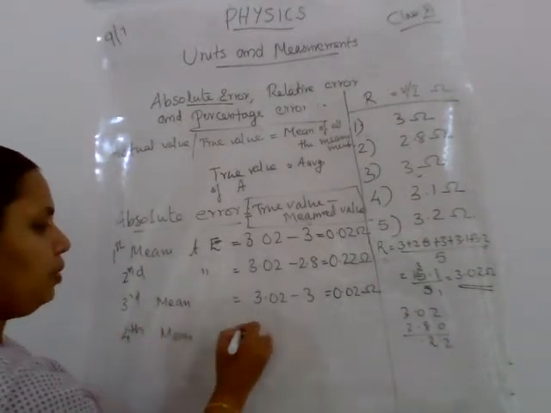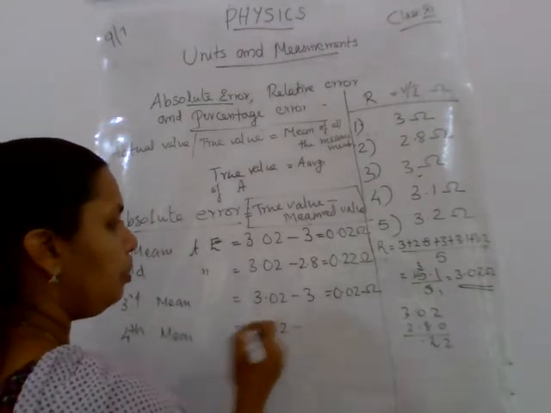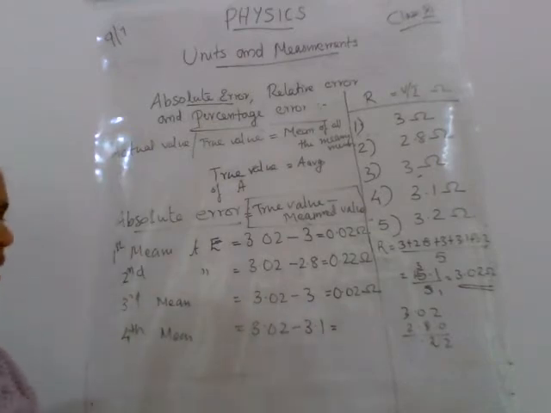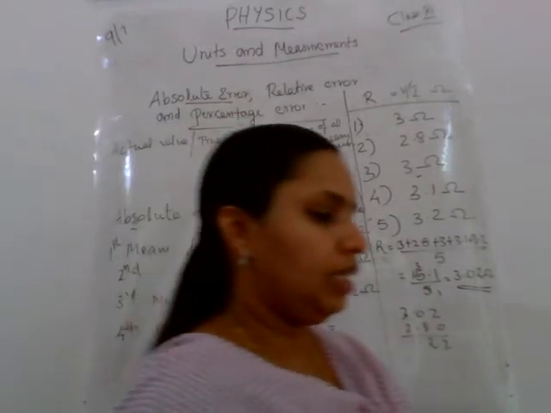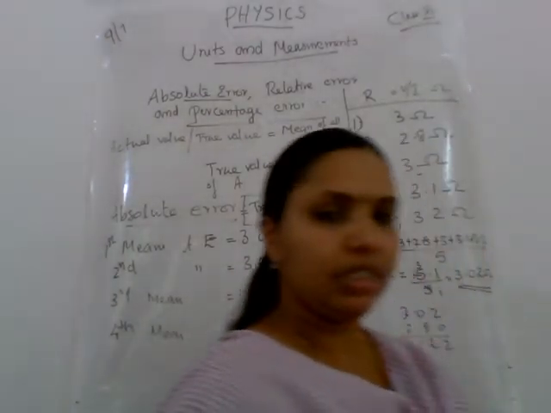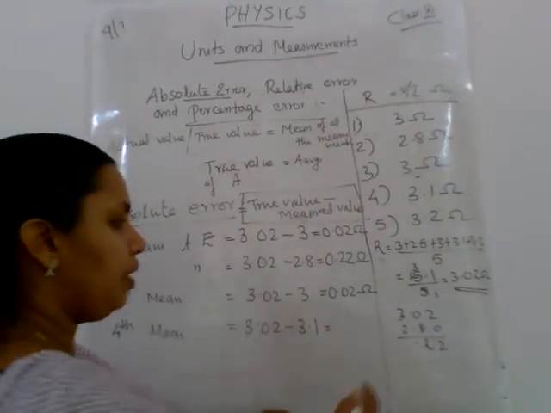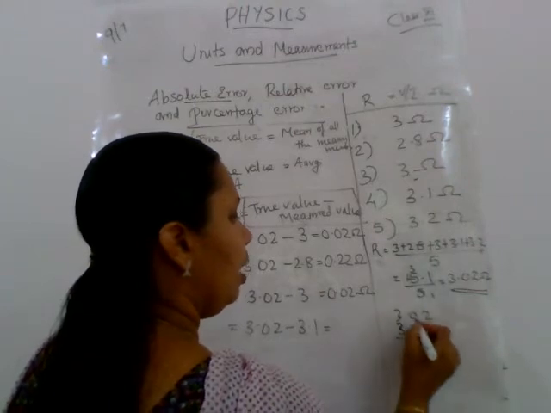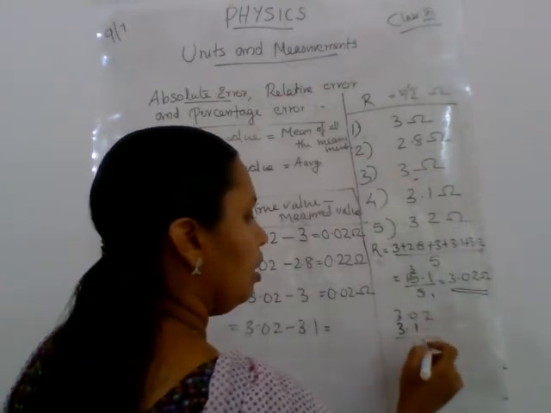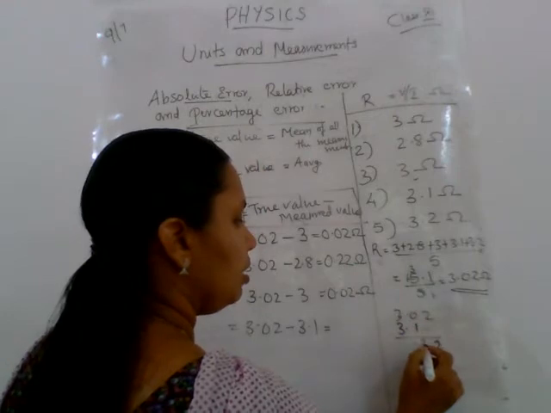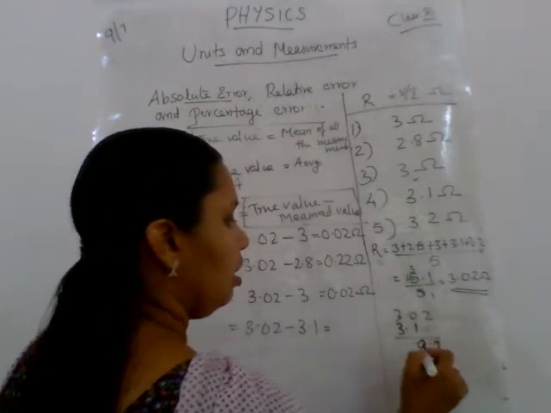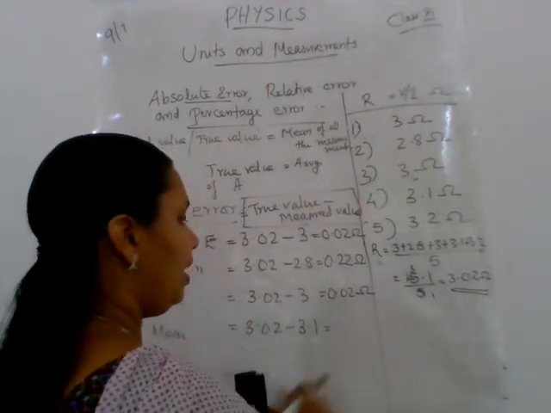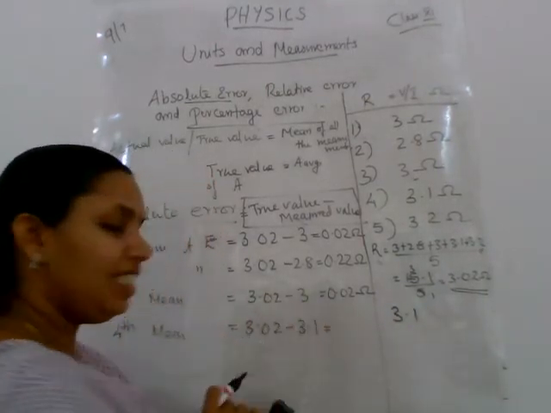Then the fourth measurement. The absolute error is 3.02 minus 3.1. So how much is it?